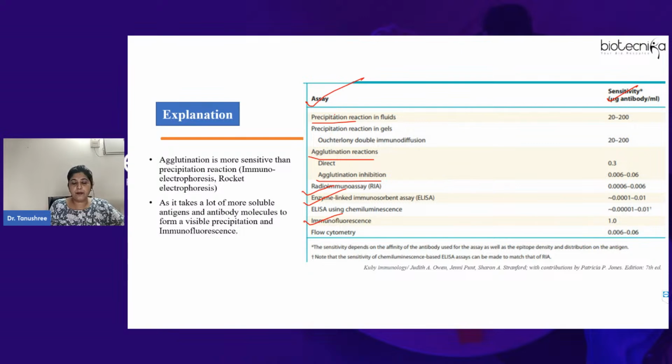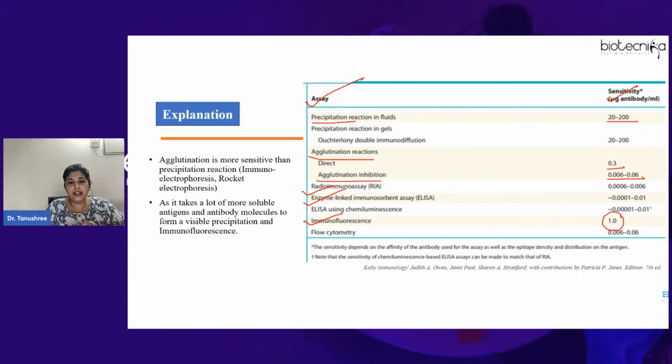If you compare precipitation and agglutination, the sensitivity for precipitation is 20 to 200, right? But for agglutination, it is 0.3 if it is direct, and if it is indirect, as I told you, or inhibition, it is 0.006 to 0.06. So comparatively, the agglutination reaction is more sensitive than the precipitation reaction. And most of you have mentioned immunofluorescence, so you can see the sensitivity of immunofluorescence.